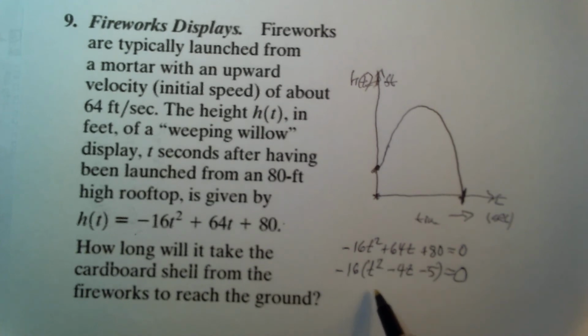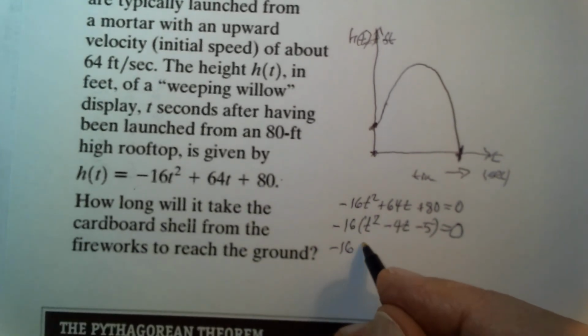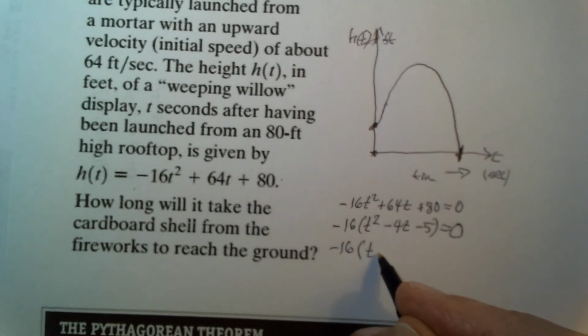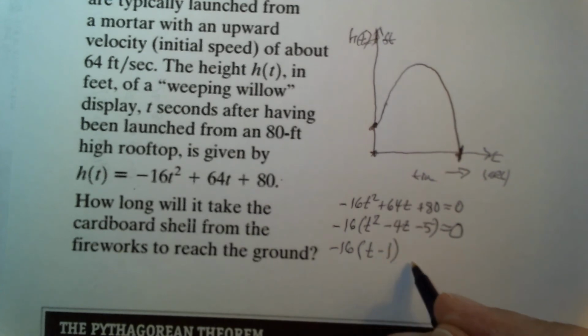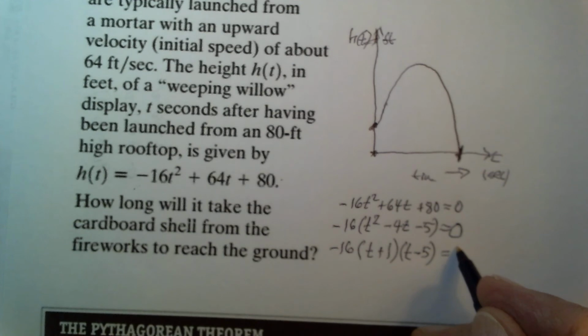We can factor this trinomial, t squared minus 4t minus 5, as t minus 5 times t plus 1 equal 0. So we have three factors here.